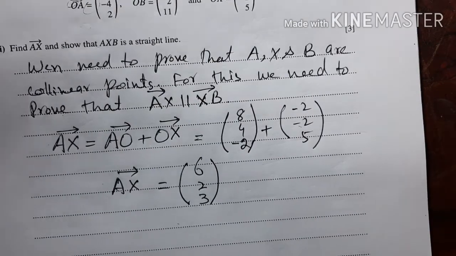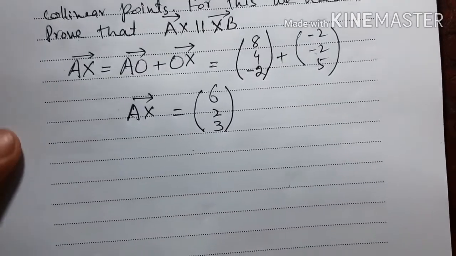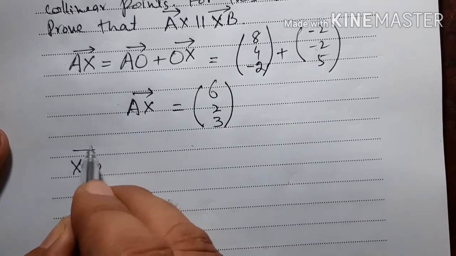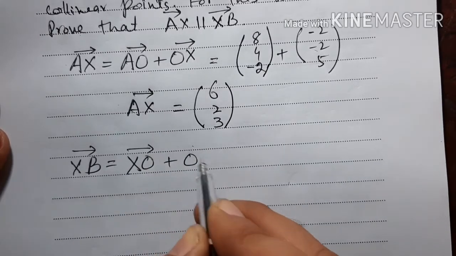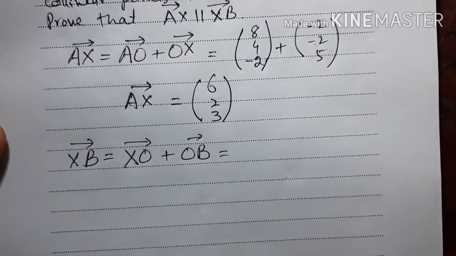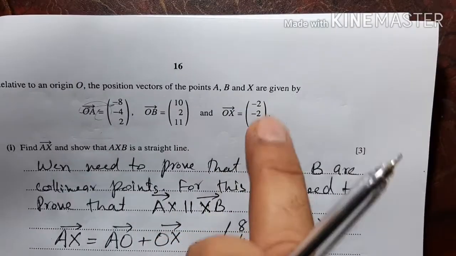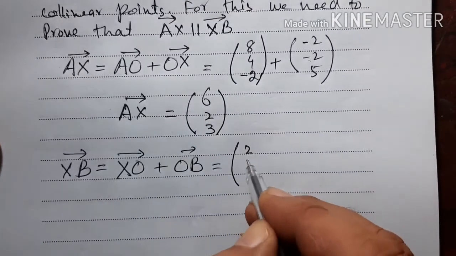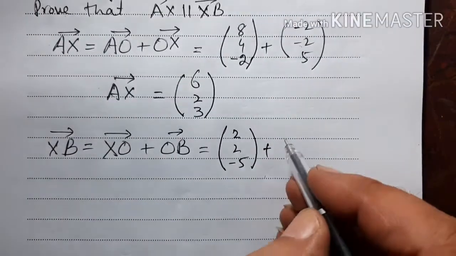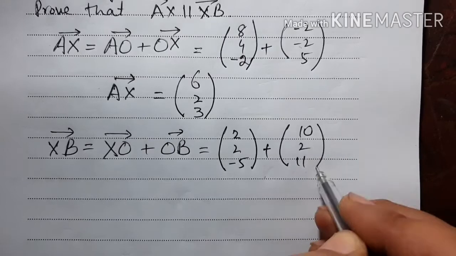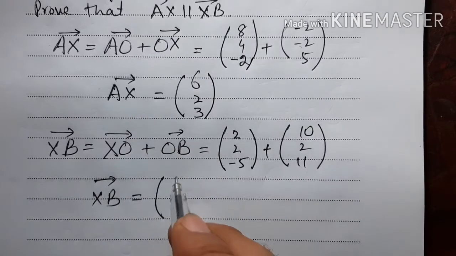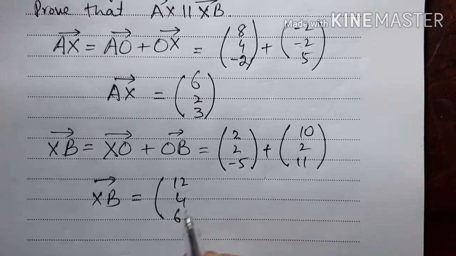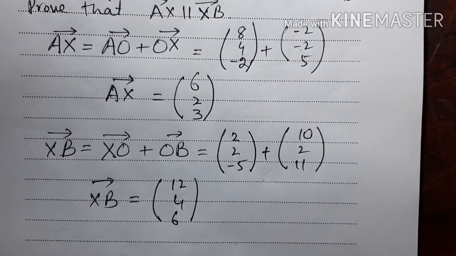Now, the second is XB. I need to find XB. This XB can be written as XO plus OB. Now, XO is the opposite of OX: 2, 2, minus 5, plus OB as it is: 10, 4, 11. So XB will be 12, 4, 6, minus 5 plus 11, 6.